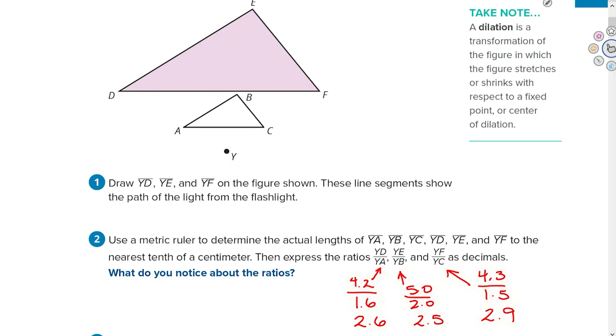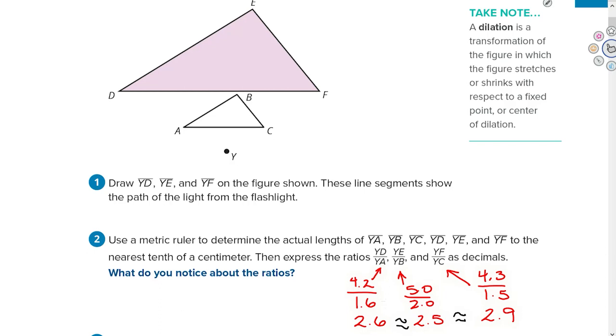Now, notice that these numbers are kind of close together. If I were to measure these perfectly, and if these actually were drawn perfectly as a perfect dilation, then you should see almost identically the same ratio. One thing we'll notice with a dilation is that the size does change. These are not rigid motions.